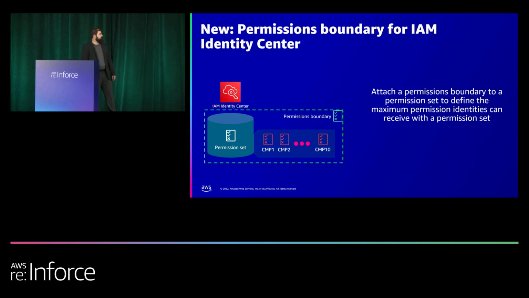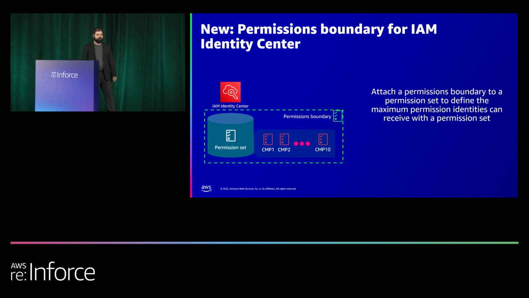And so, in addition to the ability to use customer managed policies, you're now able to also use permission boundaries. And so a permission boundary is a guardrail IAM policy that allows you to set the maximum permissions that an identity-based policy can grant to an IAM principal. In this case, your workforce identity coming from AWS SSO.